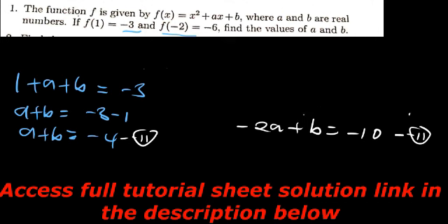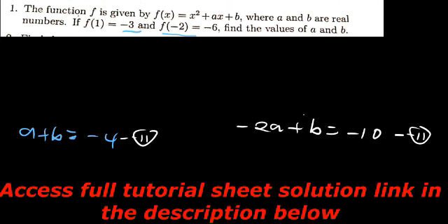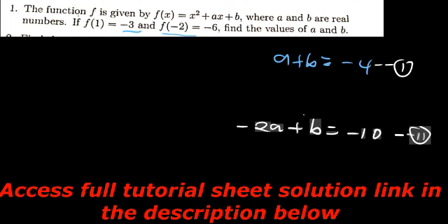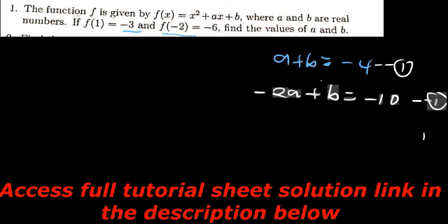To make things simple, I'm going to make a the subject of the formula for equation 1. That is equation 1, and this is equation 2. You can either make a or b the subject of the formula.